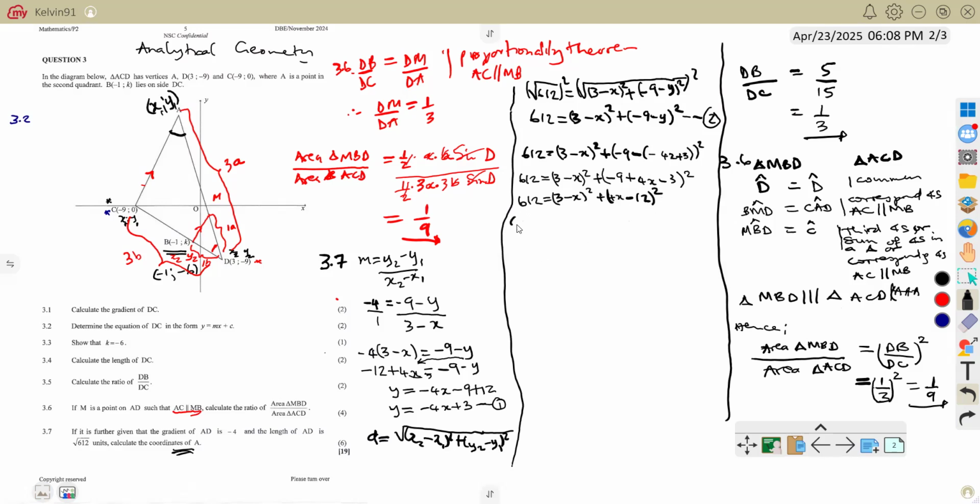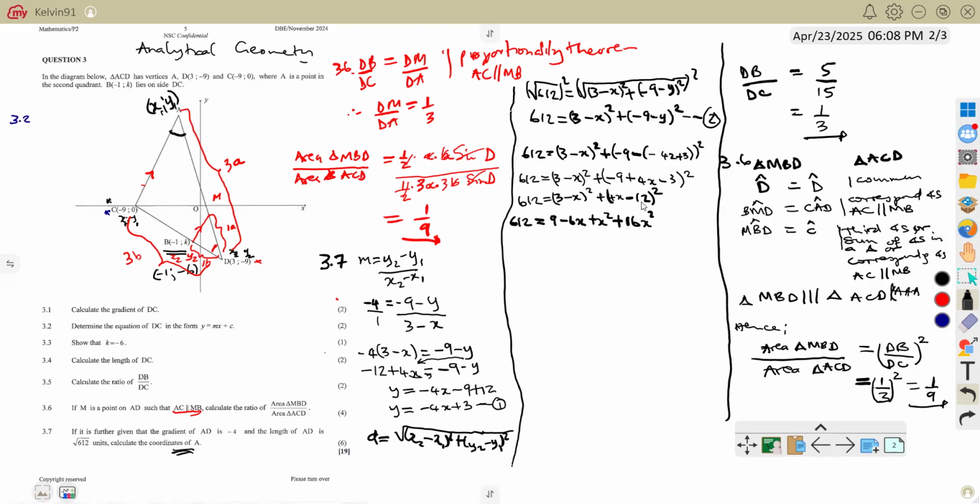Then we are having 612 equal to, expand that bracket, it's gonna be 9 minus 2 times 3 times that, so it's minus 6x plus x squared plus, here we are going to have 16 x squared.